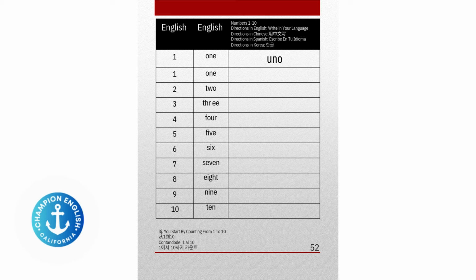So you don't write here 1 USA. I want you to write 1 because uno is the word for 1 in Spanish. So I need you to translate this page into your language. And I'm going to give you about 5 minutes to do this. Okay, students? So ready and go.